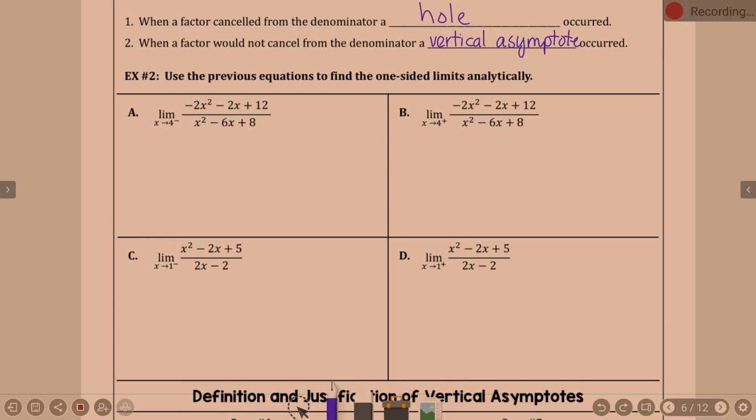Now, the top looks ugly, but what do you notice about the top? Let me try to do it on my own. If it was a regular one like that, I would factor out 2, but I'm going to factor out actually negative 2.